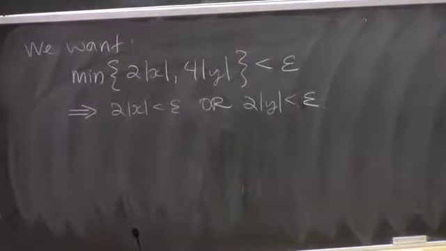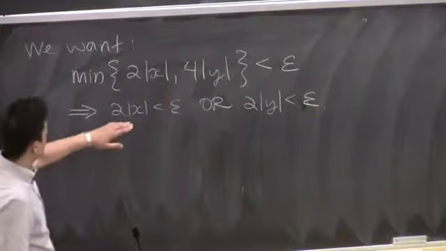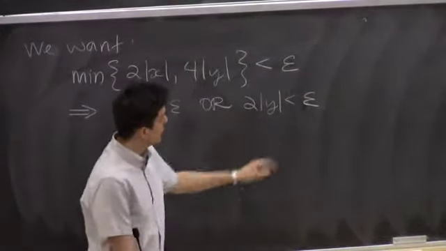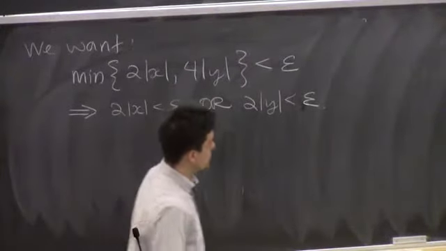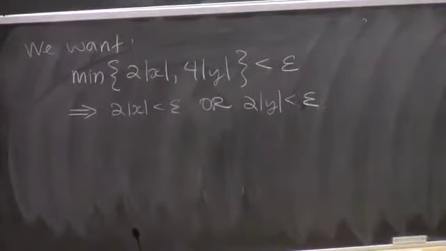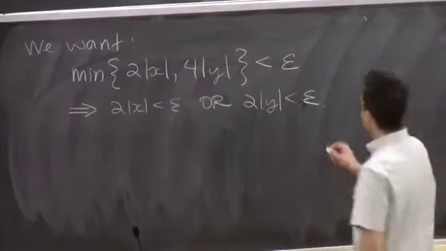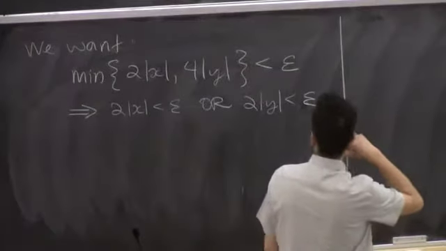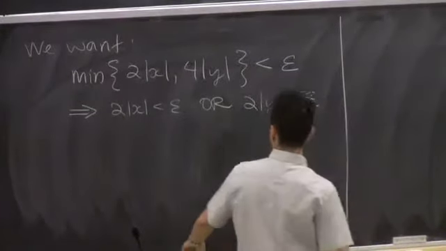Okay, so we want these two quantities to be less than epsilon, right? So if the minimum is less than epsilon, then one of these guys has to be less than epsilon. So what we'll do is we'll pick delta to make sure that that happens. Or absolute value y? Yes, thank you. Yep, good.